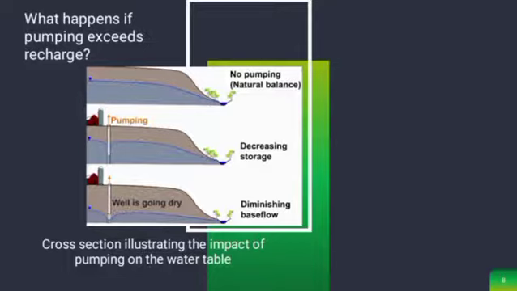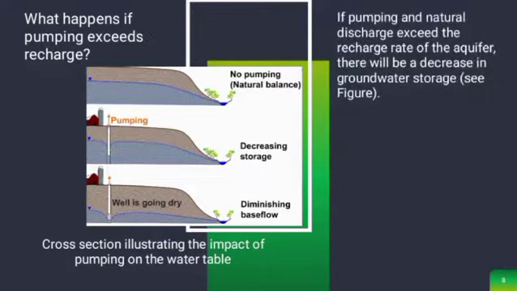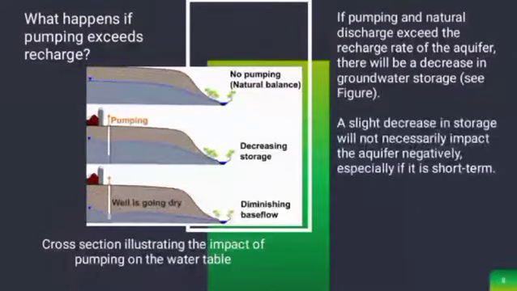Looking at the figure, if pumping and natural discharge exceed the discharge rate of the aquifer, there will be a decrease in the groundwater storage. A slight decrease in storage will not necessarily impact the aquifer negatively, especially if it is short term.